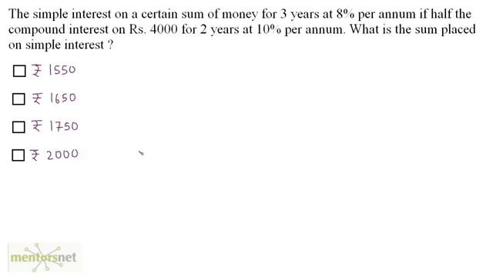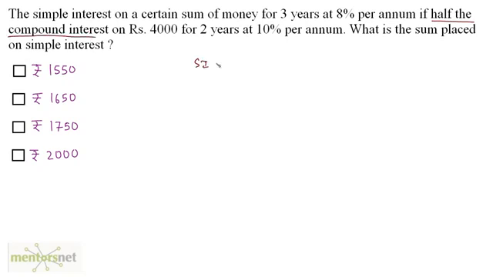The simple interest on a certain sum of money for 3 years at 8% per annum is half the compound interest on 4,000 rupees for 2 years at 10% per annum. What is the sum placed on simple interest? Well, it is said that the simple interest is half the compound interest.